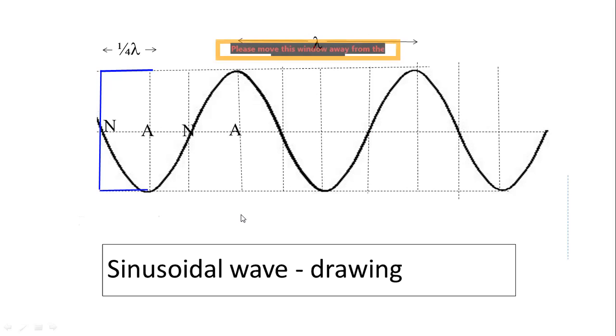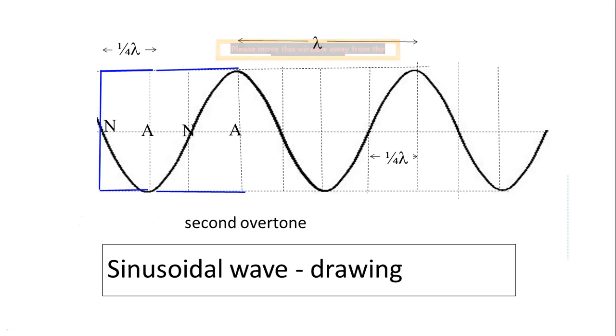Then the next one. Remember this is a quarter lambda. I'm just stretching with you so you can remember. The next one is from here to here. You can see 3 quadrants. Second overtone. We don't call it the first overtone because we will see that one is missing.